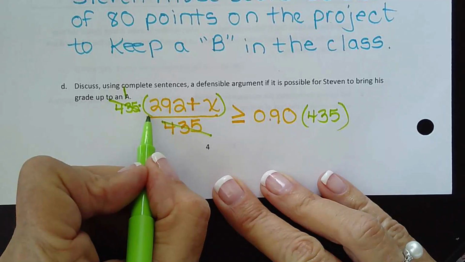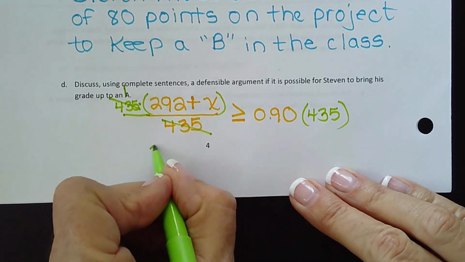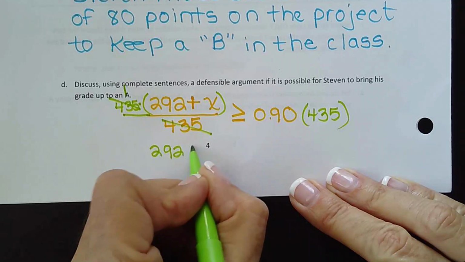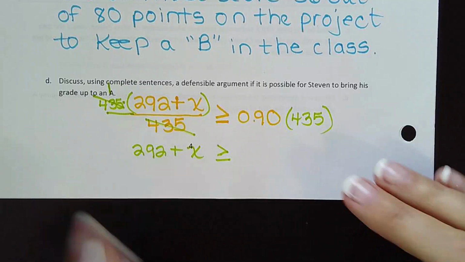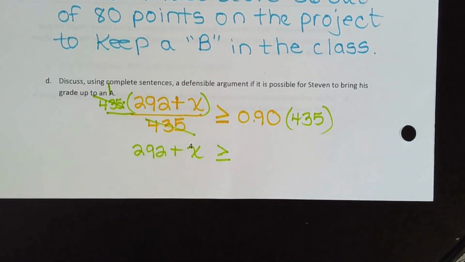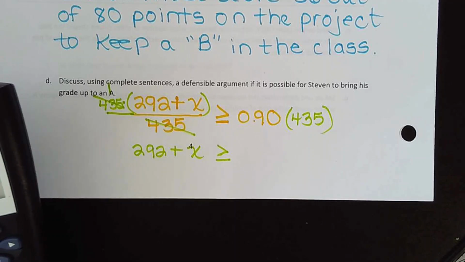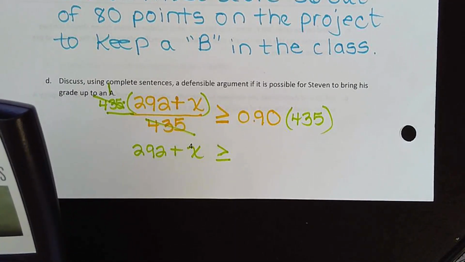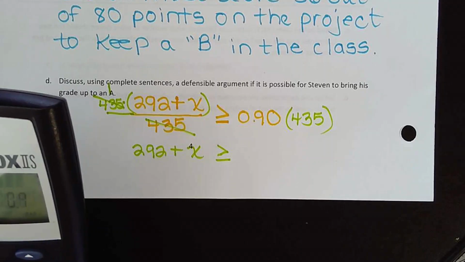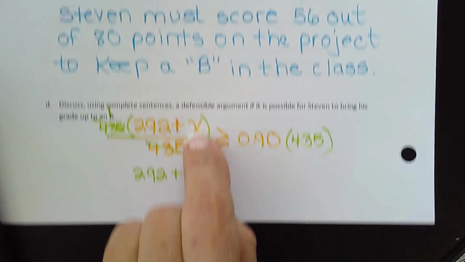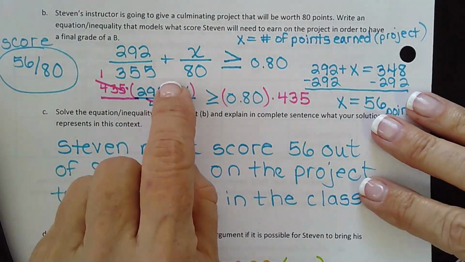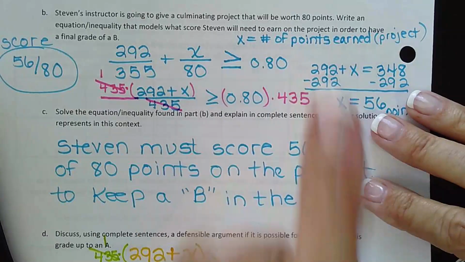Anything over itself is 1. So now we have 292 plus x is greater than or equal to. And this is why earlier I said don't think of the answer as percent. Think of the answer as points.